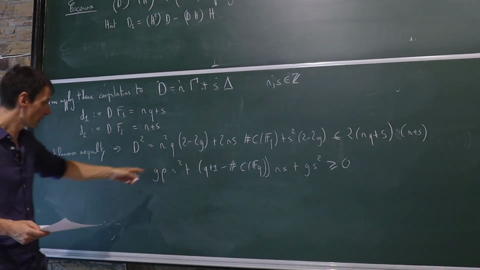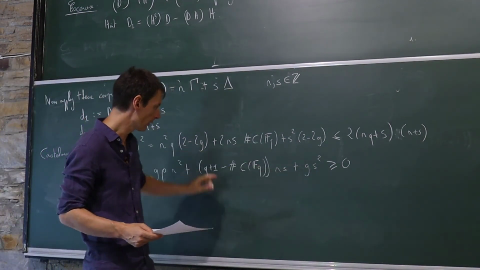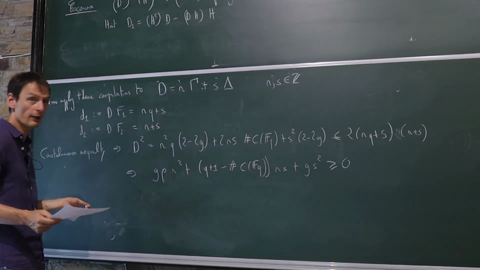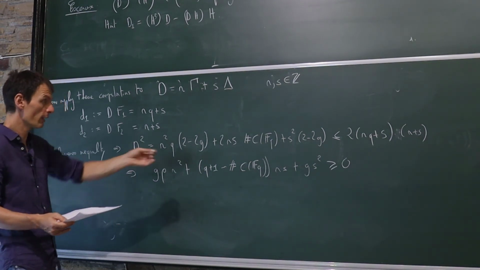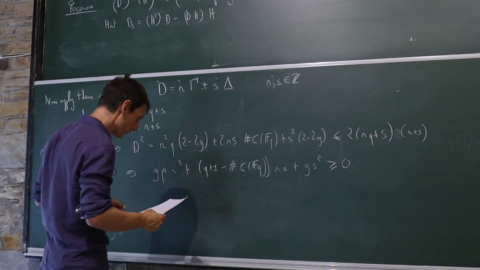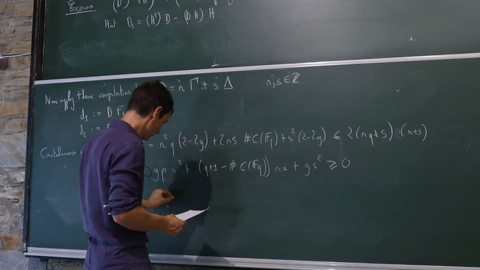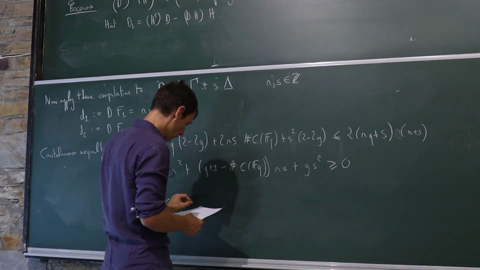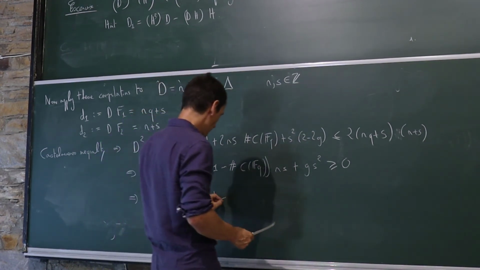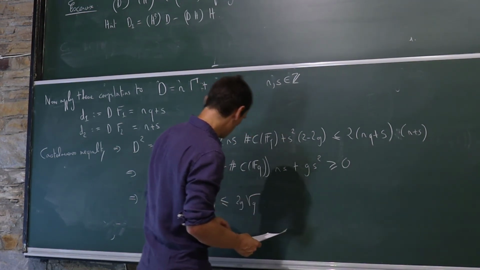If you look at this as a homogeneous equation in R and S, you want the discriminant of this equation to be negative, or at least non-positive, because otherwise it would have zeros. So it means that the absolute value of Q plus 1 minus the number of points is less or equal to 2g square root of Q.